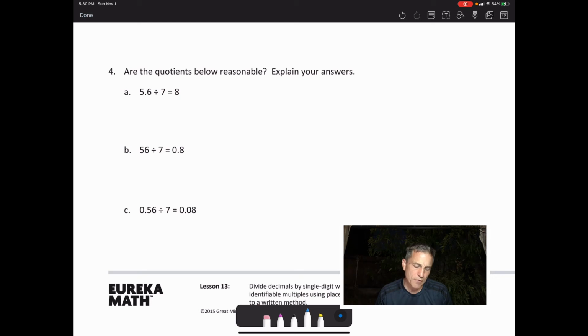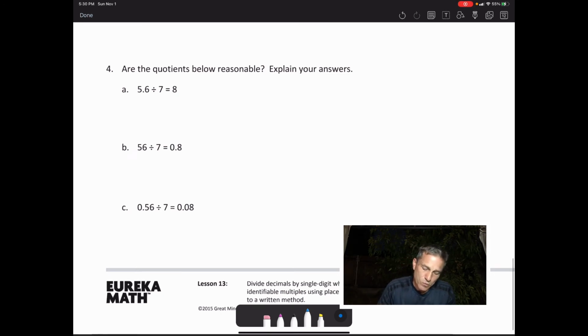So 5 6/10 divided by 7, instead of rounding it to 6, I would want to round it to something close to 6 but still divisible by 7. I don't know if that makes sense, but for example, instead of choosing 6, I'm going to choose 7, because if I divide 7 by 7, my answer would be 1, and that's really easy to arrive at.